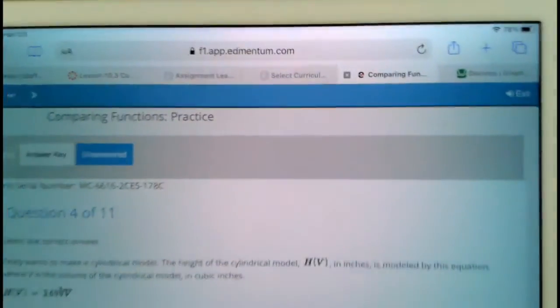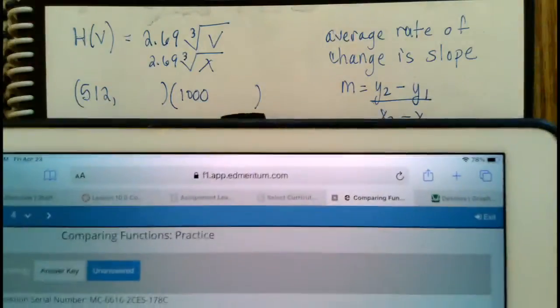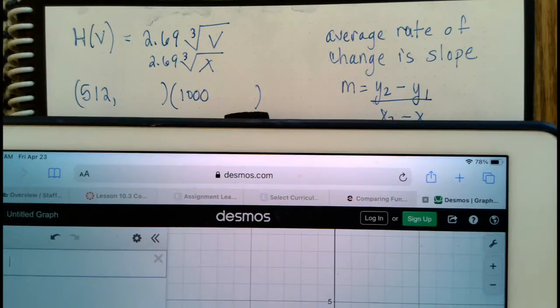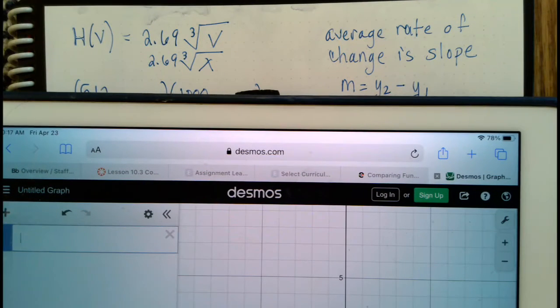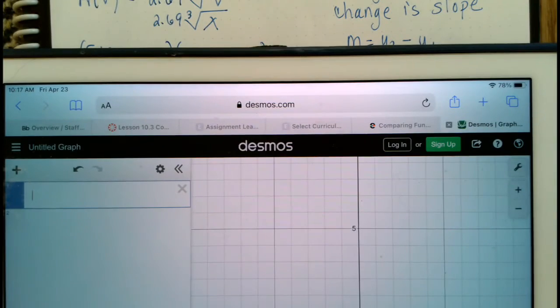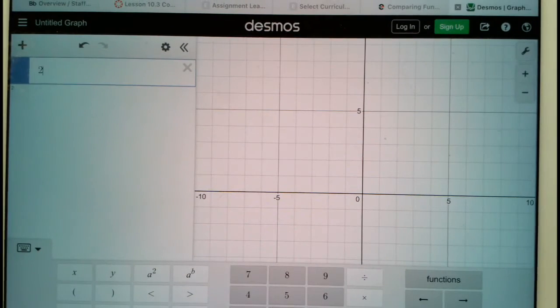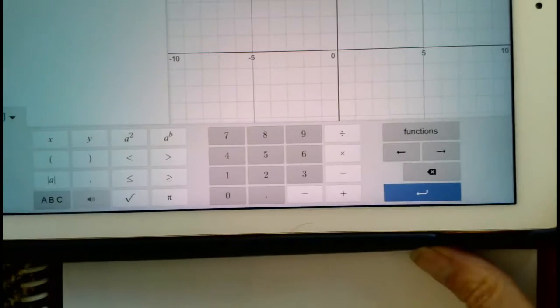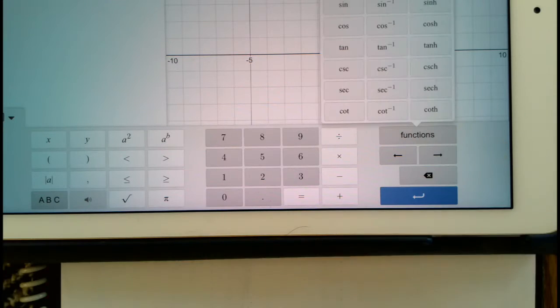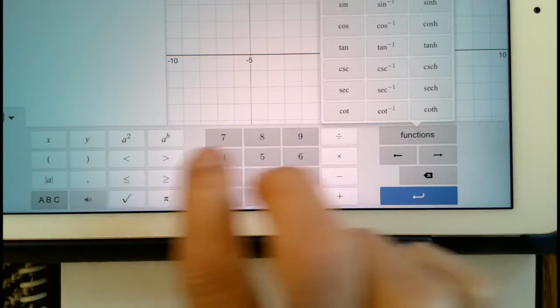So we come back over here to Desmos, and typing it in, I want to show you something on the screen here. So it's 2.69, the cubed root. We've talked about it before, but we go to functions, and I'm probably already on it. No, I'm not.